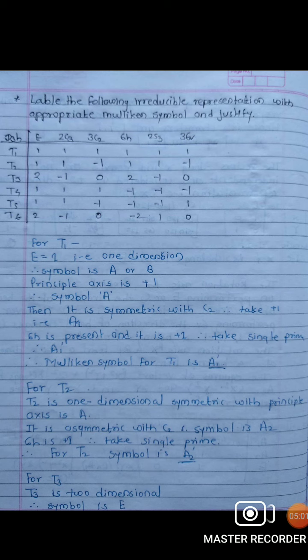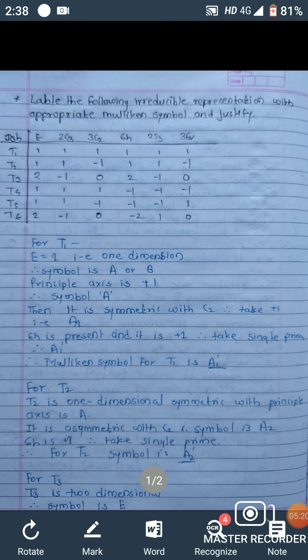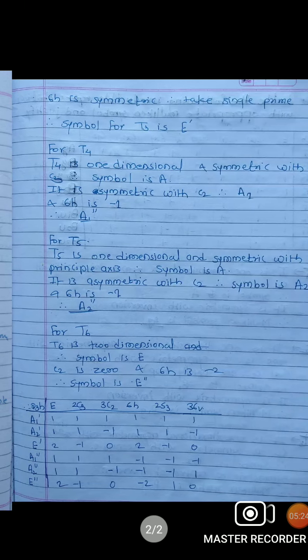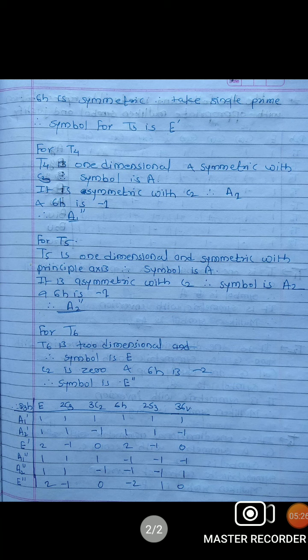C2 is 0, therefore there is no need to write 1 or 2 at the subscript, we only write the single capital E. Sigma h is present and it is minus, that is T6 is unsymmetrical to sigma h, therefore we take the double prime, and the Mulliken symbol for T6 is E double prime.